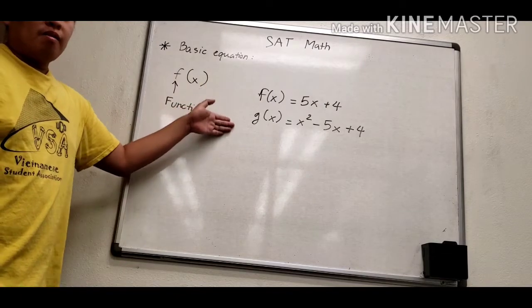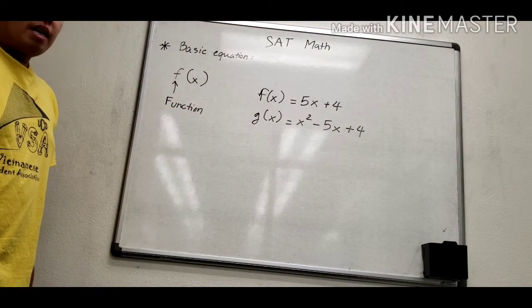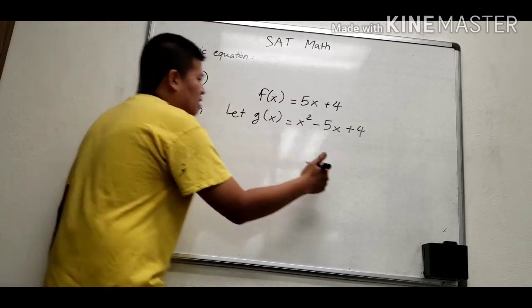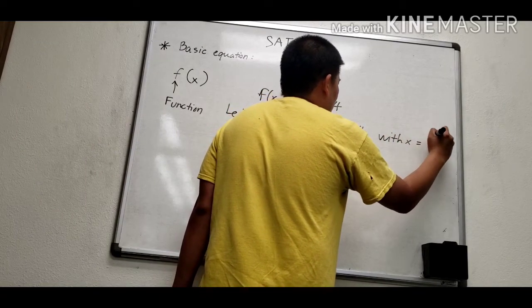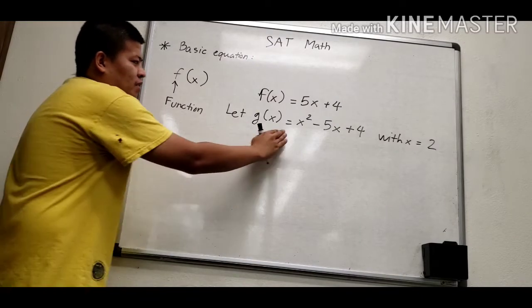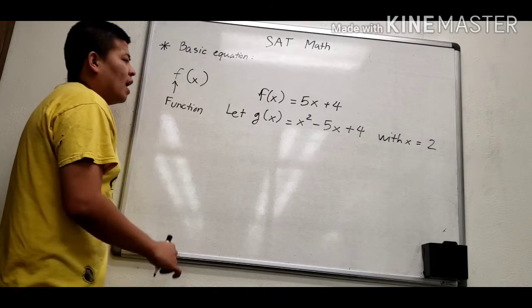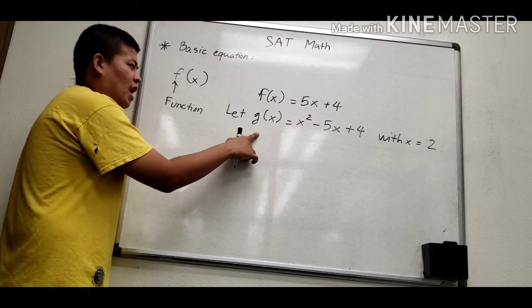This is about the basic function, and in the SAT math they ask, let's treat it with this function like this, which is equal to, and they ask you to find the result of f(2).